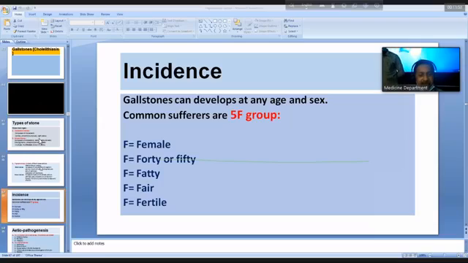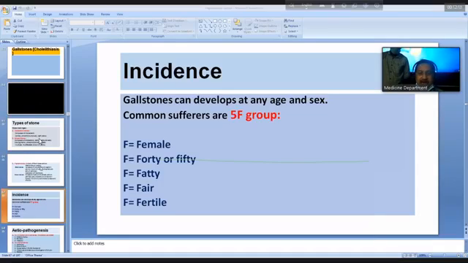So in female, the incidence of stone is much more. Second F is 40 or 50. That is, the gallstone can occur at any age, but it is much more common in middle age of 40 to 50 years of age.